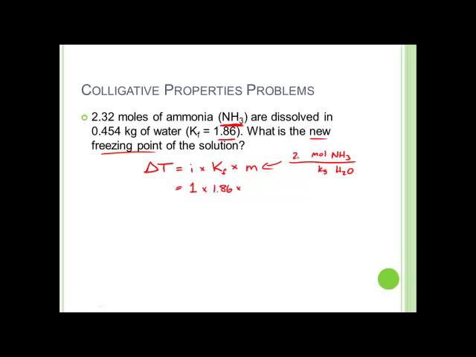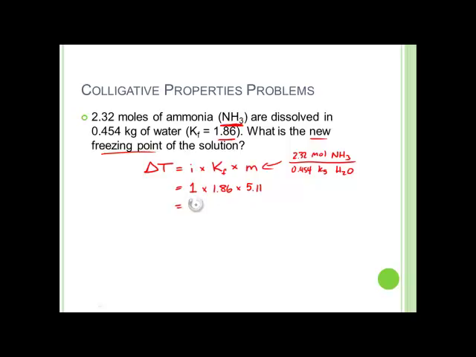They give me 2.32 moles of ammonia and 0.454 kilograms of water. 2.32 divided by 0.454 gets you a molality of 5.11. So then when you look at it, it's 1.86 times 5.11.